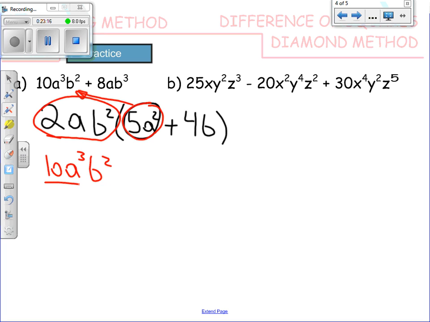The 10 divided by the 2 gives you 5. The a cubed divided by the a gives you a squared. And the b squared divided by the b squared just leaves you with 1. Does that make more sense now, Nelson? And that's your first term.